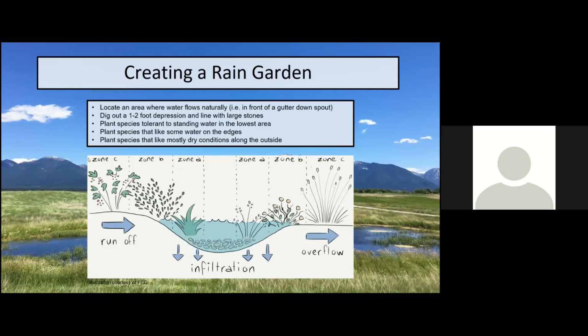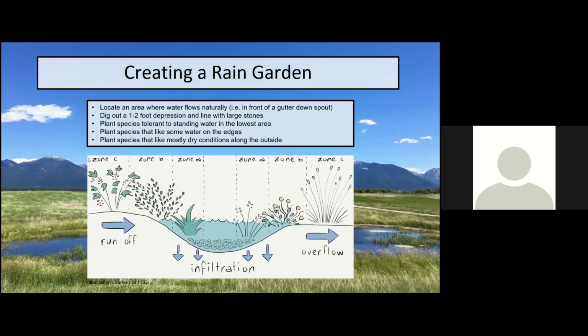This would be in areas that have naturally flowing water, like a rain gutter downspout. And in the illustration, you can see the runoff going to the right and then infiltrating through the plants and rocks, and then it would go back into the water system.